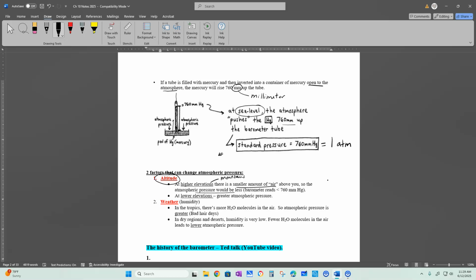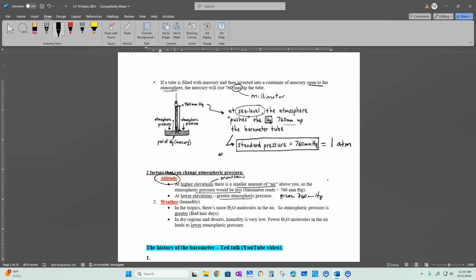So the atmospheric pressure is very low, which means if you actually read the pressure up there in the mountains, it's less than 760. But here at Fontana, the ocean, we have greater atmospheric pressure. So that barometer is actually going to read greater than 760 mmHg. Okay? So whether you change altitude, that can change pressure.